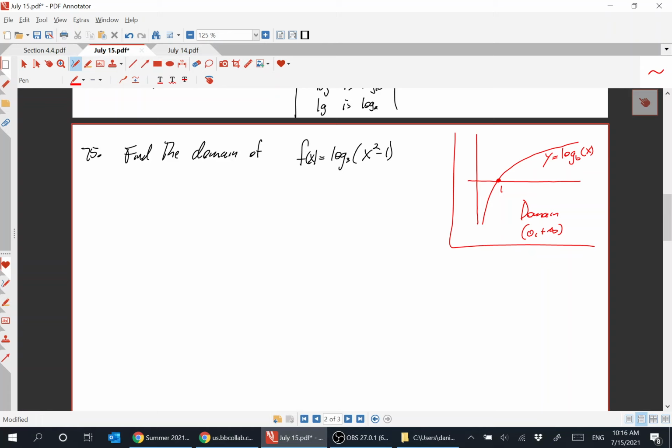Okay, so how about this function here? This function f of x. Well, for f of x to be defined, we need that x squared minus 1 is bigger than 0.